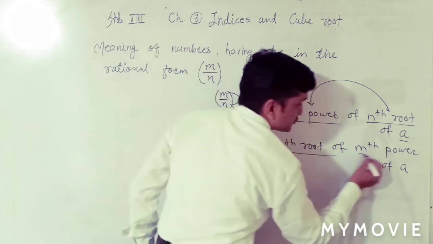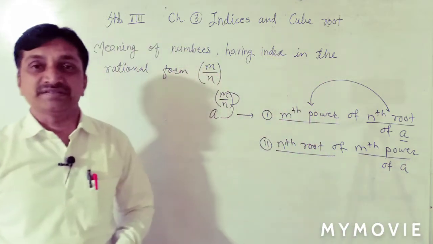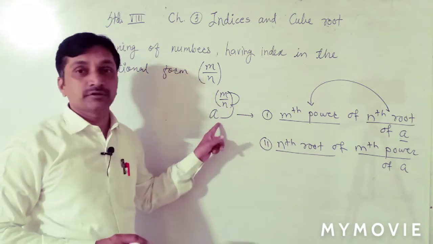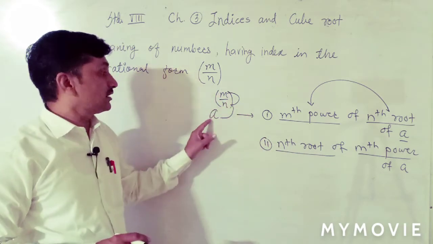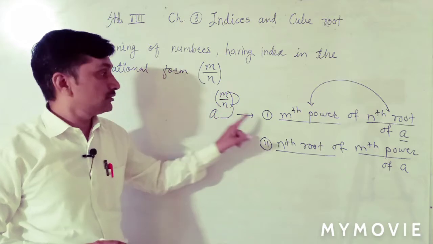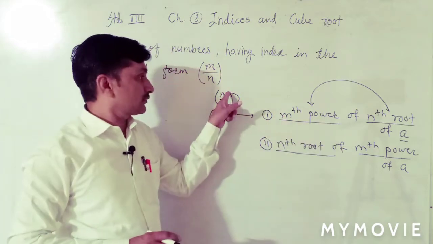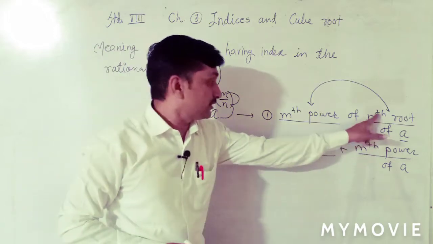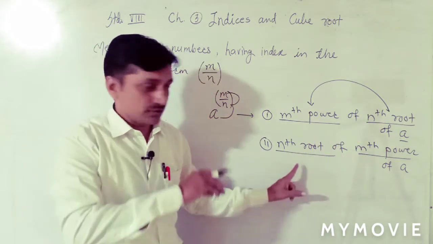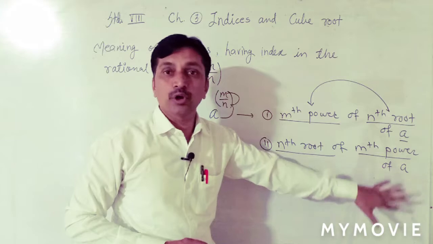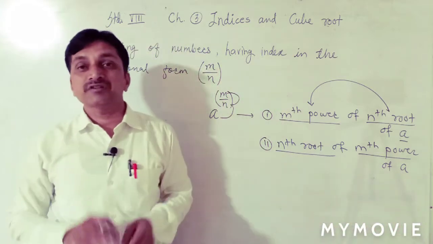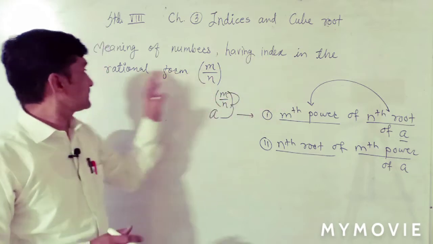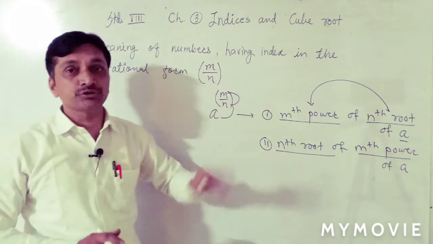Means we interchange their places. In this way we can write this index m upon n, a raised to m upon n: mth power of nth root of a, or otherwise nth root first of mth power of a. These are two ways to write the number having index in rational form m upon n.